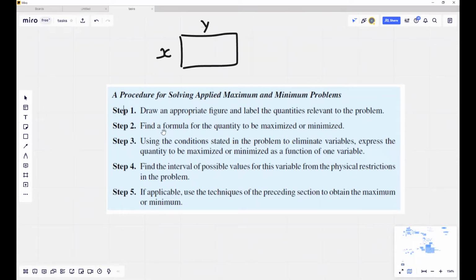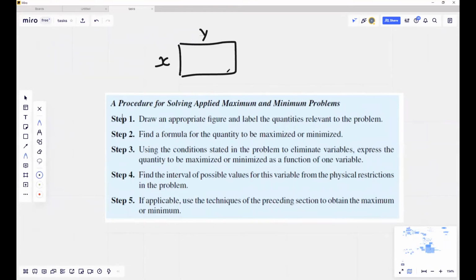Then the next step is to find a formula for the quantity to be maximized or minimized. So in the previous problem, the quantity that we need to maximize is the area of this rectangular region, which is equal to x multiplied by y. Then, using the conditions stated in the problem to eliminate variables, express the quantity to be maximized or minimized as a function of one variable.